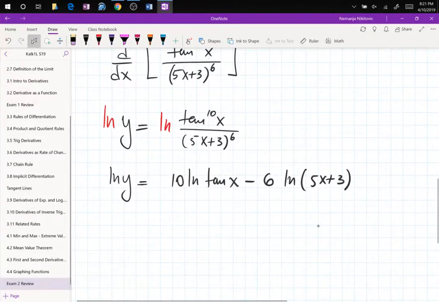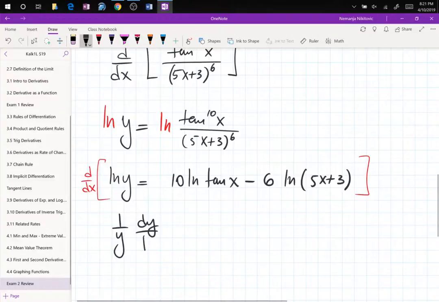So now that I have this, I get to differentiate in respect to x, and derivative of ln y is going to be 1 over y, and I have to follow with the dy dx chain because I took derivative of y in respect to x.